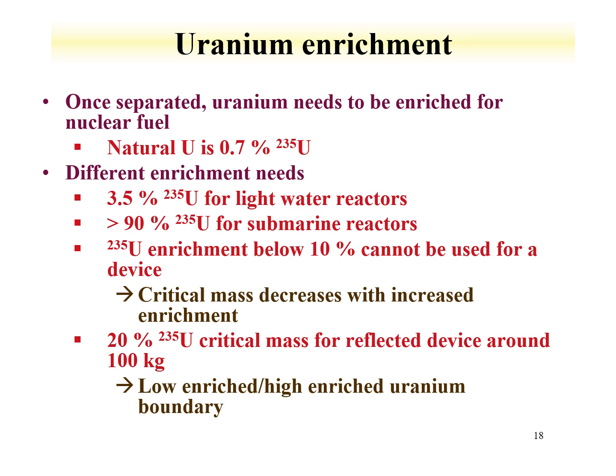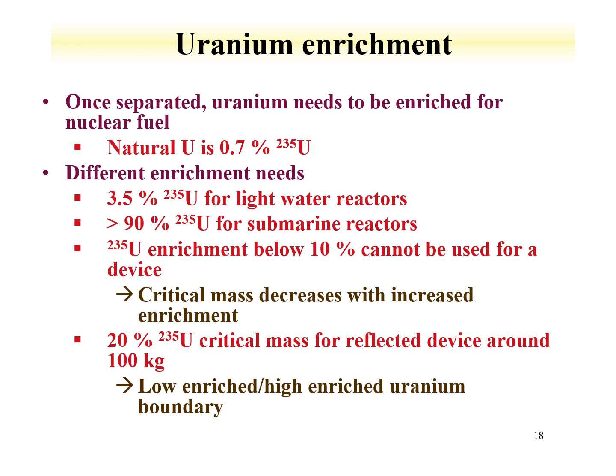Right, so we went over how to separate uranium from the ores and how to purify the uranium from those ores. Now we have a system where we need to enrich our uranium. If you remember, natural uranium is only 0.7% uranium-235. Depending upon what the needs are, for instance, a light water reactor needs 3.5% enriched uranium-235, or a submarine reactor, over 90% enrichment.